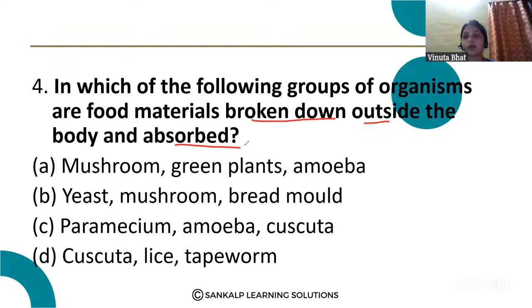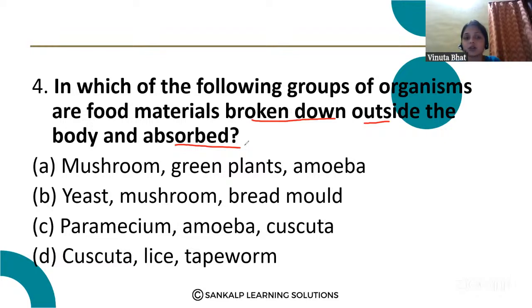But in some organisms, they break down the food material outside the body. The simpler form of the food material forms outside the body and after that, absorption takes place. There is no breakdown of the food material inside the body.